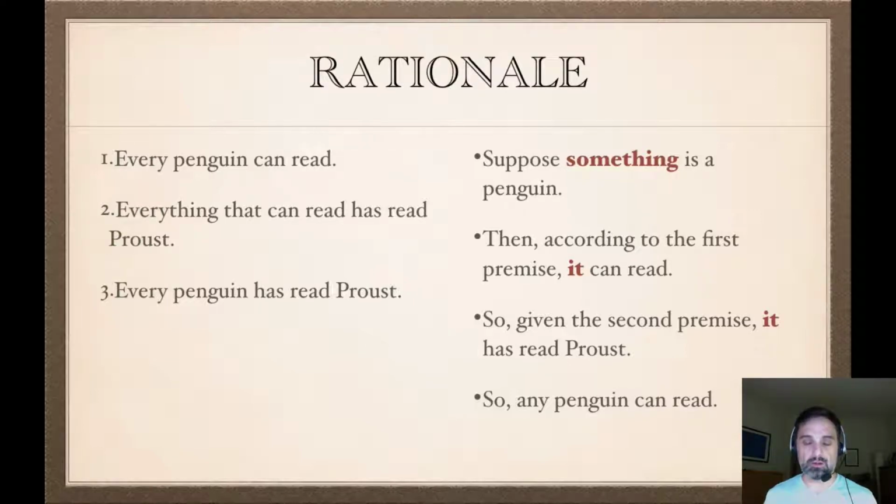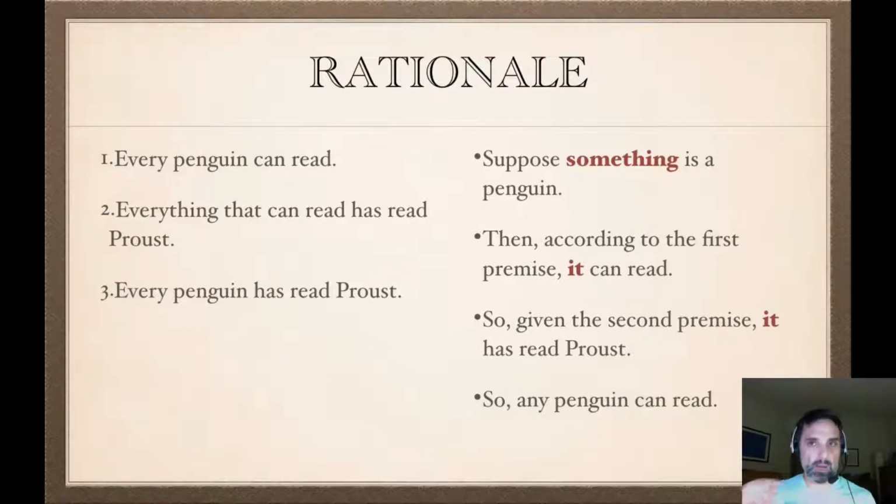So what we try to do is show that an arbitrary penguin, we don't know anything about it except it's a penguin, given the premises, has read Proust. So we get an instance of the claim. There's the general claim, every penguin has read Proust, and we establish an instance of the claim, some particular penguin has read Proust, except that effectively we're establishing it for an arbitrary penguin.